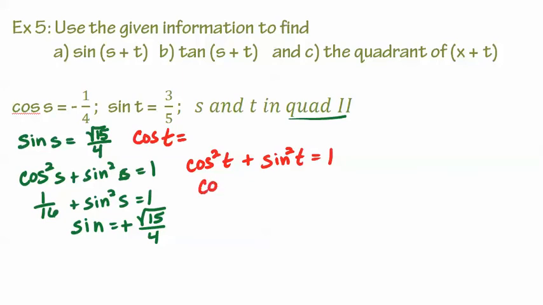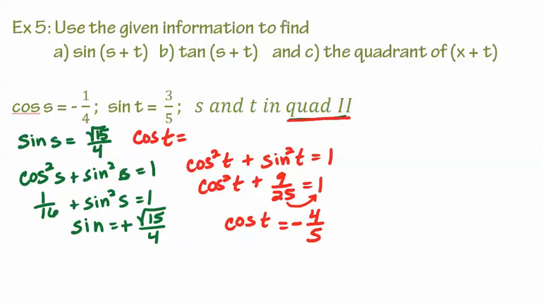So here we're going to have cosine squared of t, but we're going to put 3/5 in for sine and square it. And again, you've seen this all several times now. So we would move the 9/25 to the other side, and we would have 16 over 25. And then we would take the square root, and we would make this one negative because, again, quadrant 2. If an angle is in quadrant 2, then its cosine must be negative.